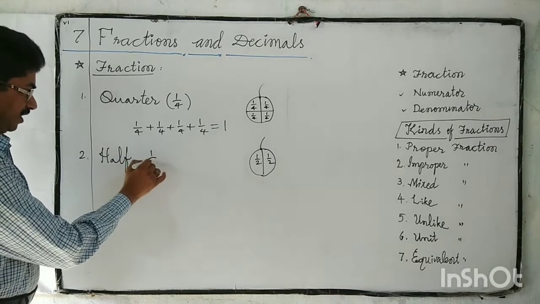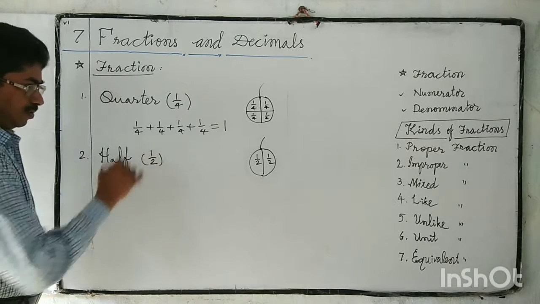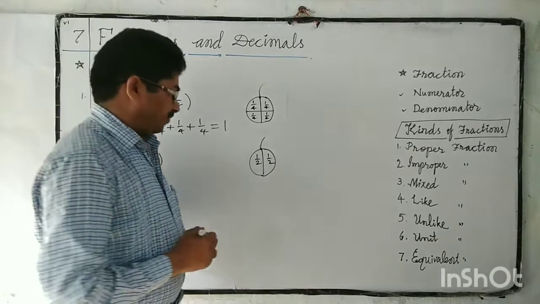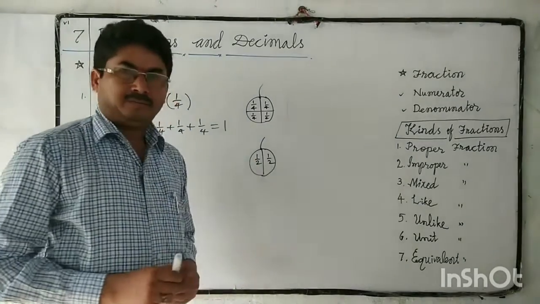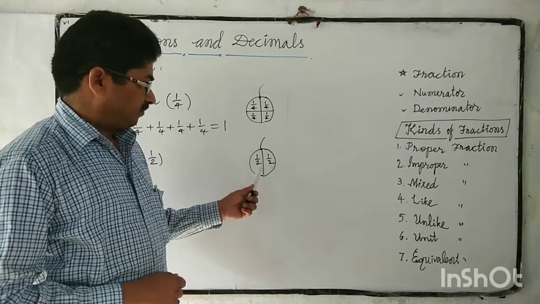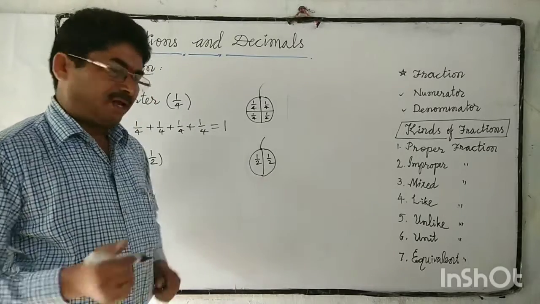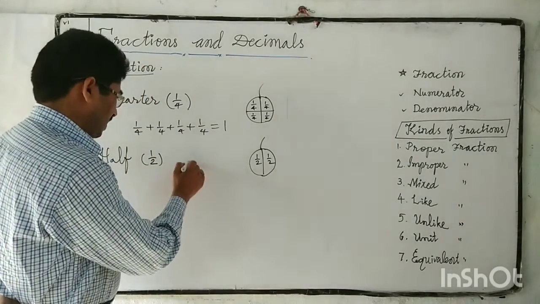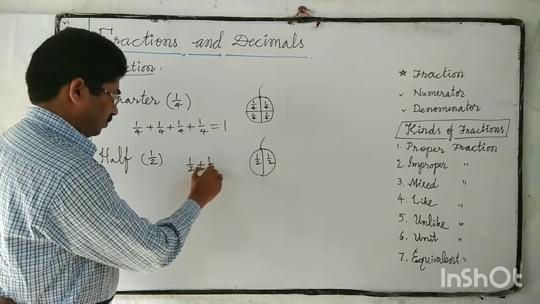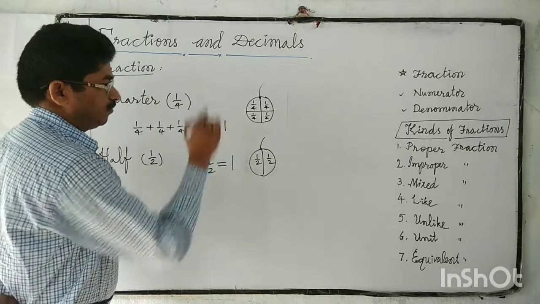One half is written as 1/2. How many halves make a whole? We can observe in this figure. 2 halves make a whole. 1/2 plus 1/2. Half plus half is equal to 1 or full.